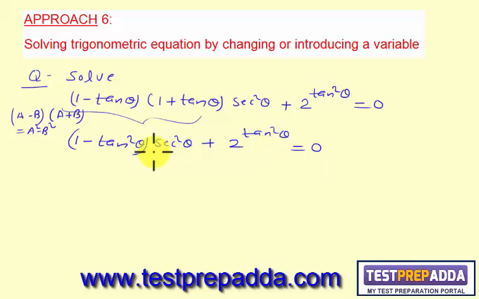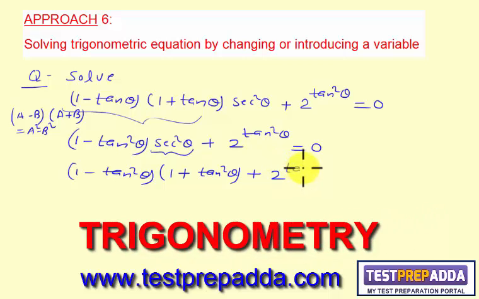Now sec square theta can be written as 1 plus tan square theta. So the equation becomes (1 - tan² θ)(1 + tan² θ) + 2^(tan² θ) = 0.